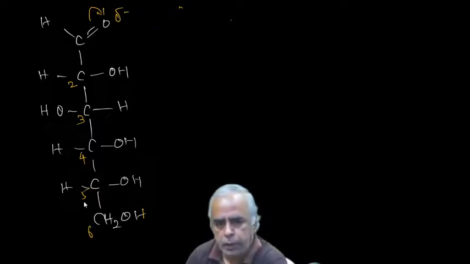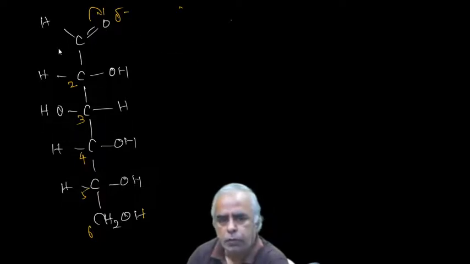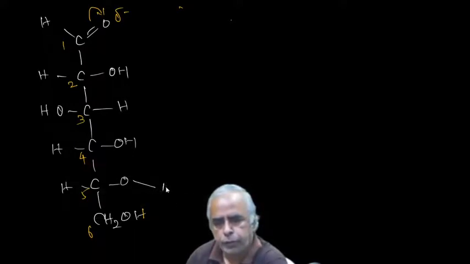And particularly the hydroxyl group attached to the 5th carbon atom can form a hemiacetal ring with the 1st carbon atom. In this case this hydrogen, so they can interact, to form a compound C and then OH.